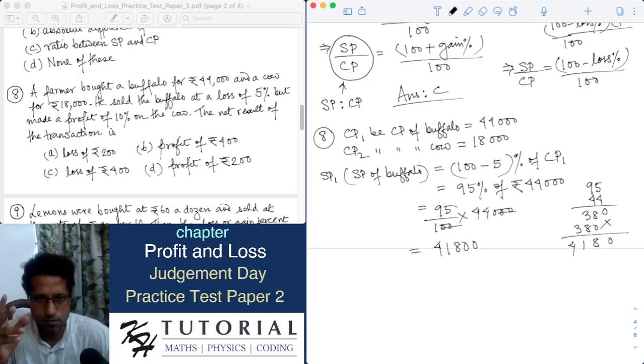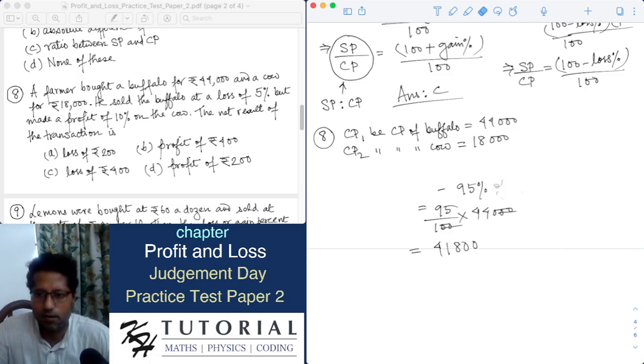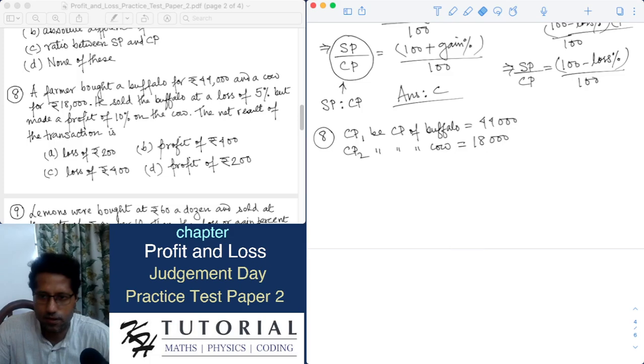If the profit is more, there will be a net profit. If the loss is more, there will be a net loss. So we are doing extra calculation, which is not required.